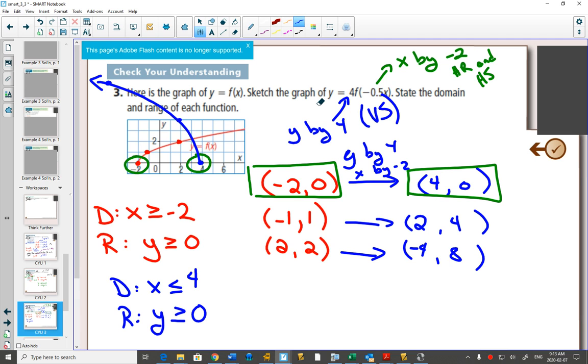Y is bigger than or equal to 0. The 0 would be included, the negative 2 would be included. So interval notation, for example, for the first one would be negative 2 to infinity. Interval notation for this one would be negative infinity to 4.